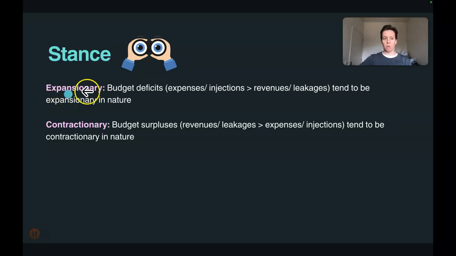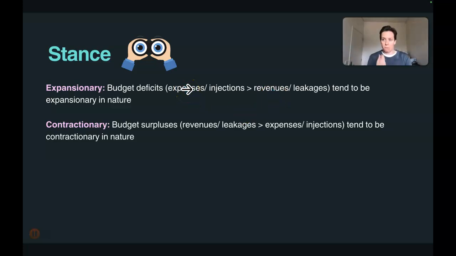So a little bit more in terms of the stance: if we're looking at an expansionary stance, we're generally seeing governments run budget deficits. So if they want to be expansionary, they need to get themselves to a position where they're increasing their injections and decreasing their leakages. If you think about that with respect to the traditional terminology of budgets, we know that a budget deficit occurs when expenses are greater than revenues, okay? Expenses are injections.